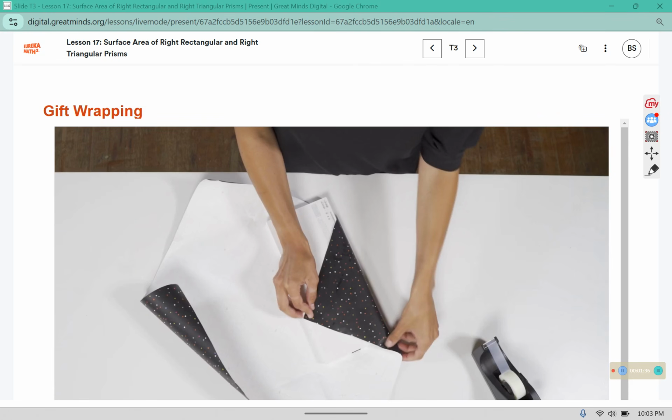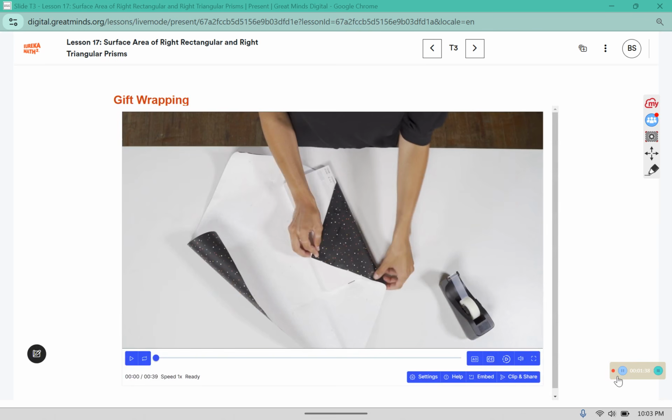In the video, how does the gift wrap compare to the surface area of the gift? Well, since the wrapping paper overlaps, the surface area of the wrapping paper is greater than the surface area of the gift. Is it possible to wrap a gift by using one piece of paper that has the exact same area as the surface area of the gift?